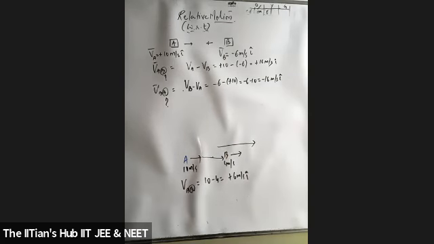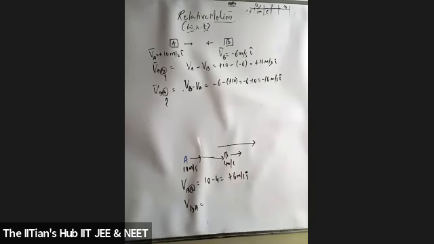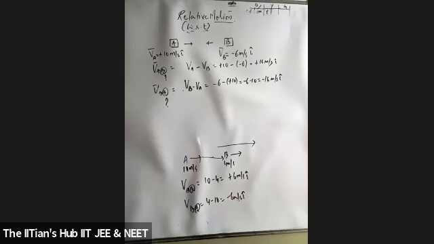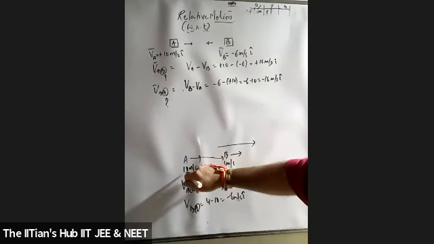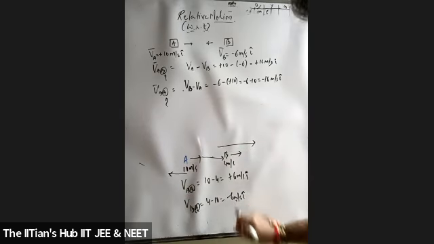Yes, sir. If I say B with respect to A, what is my answer? 4 minus 10. The answer is minus 6 meter per second i cap. So what exactly will car A say? That B is approaching it, or B is moving away from A by 6 meter per second.